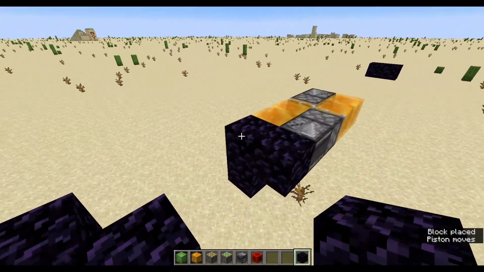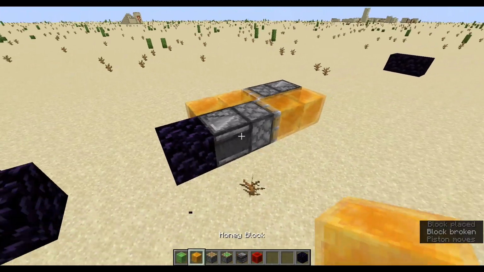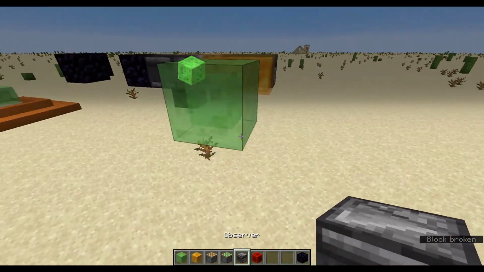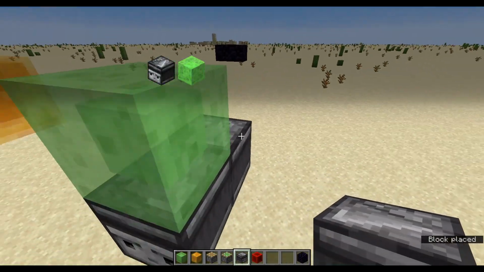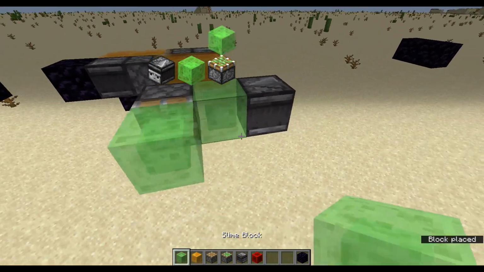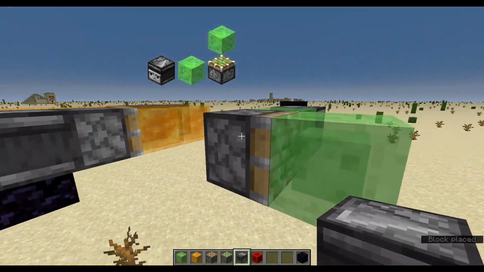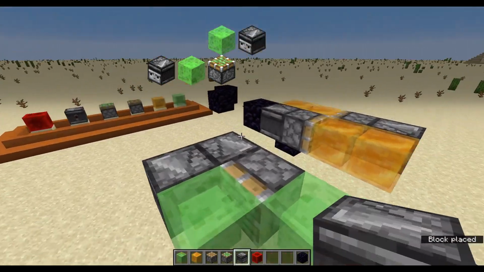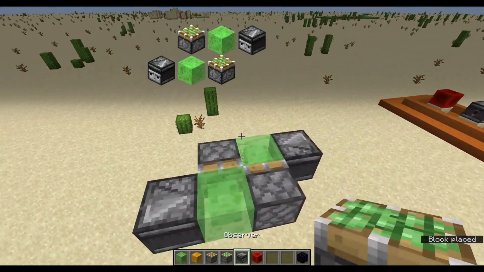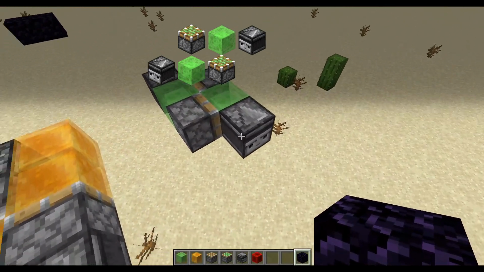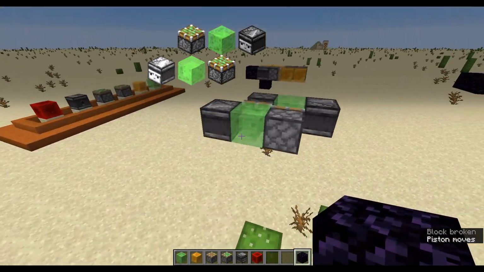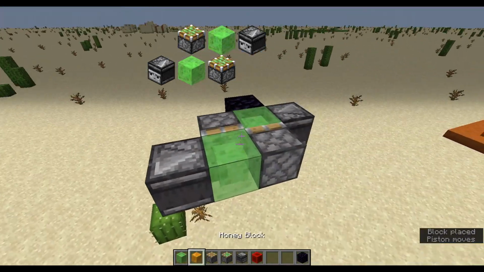But for example, if in this build we use slime as a conductor, so if we replace slime with honey, it won't work.